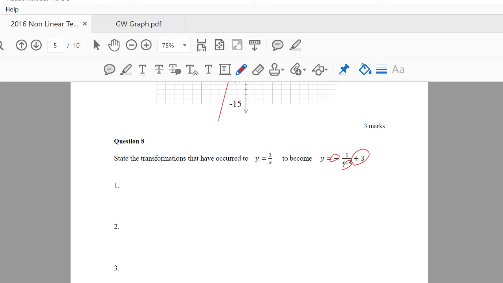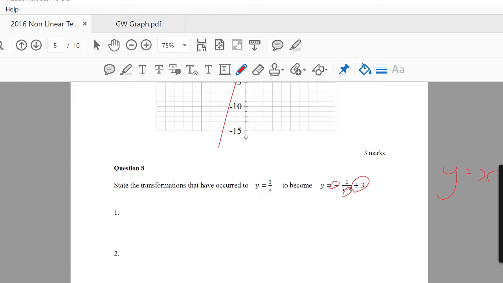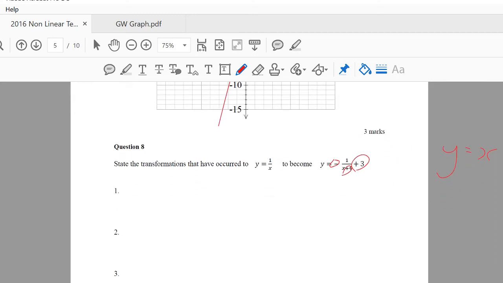If I do it over here, y equals x squared, and then y equals, if I add a negative in front of that, negative x squared. If I tried to graph those, x squared just looks like that. Of course, the negative x squared makes it upside down. It reflects as if the x-axis is a mirror. So that's a reflection in the x-axis. That's the first one. The negative sign there just makes a reflection in the x-axis.